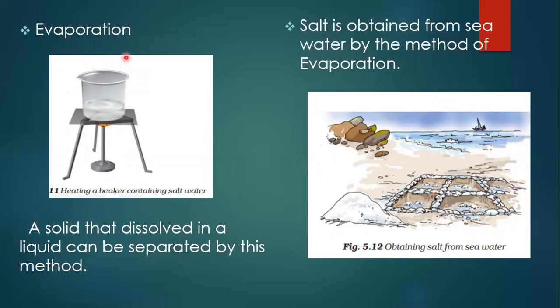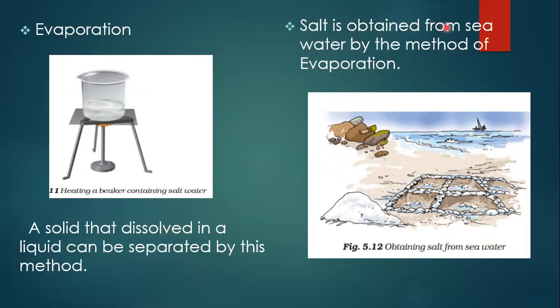Water will get evaporated and only the solid particles, whether it is salt or sugar, will remain in the vessel. So the evaporation method is used to get back a salt or a solid that dissolves in a liquid. This evaporation method is helpful for obtaining salt from seawater.